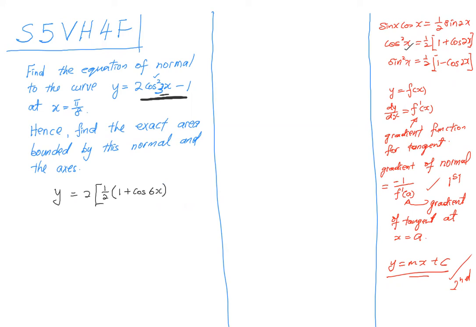Then close, take away 1. So the 2 and the 2 here cancel. He didn't show this step because he knows how to do it, so this step is not important. But I need to show you to tell you how we convert that. So 1 minus 1 becomes 0. So you got cos 6x.